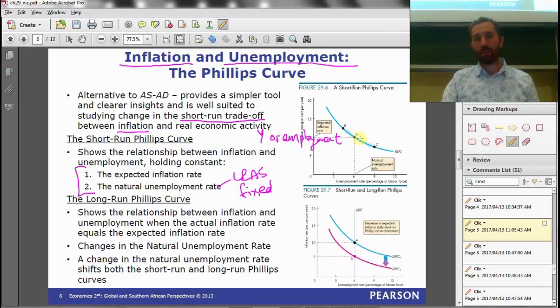What we can end up with is, if this is our long run aggregate supply curve level of employment, in other words, it's the natural unemployment rate. So we're measuring unemployment. Okay? Are you happy that the natural unemployment rate is the same as saying the full employment level of employment? Full employment.